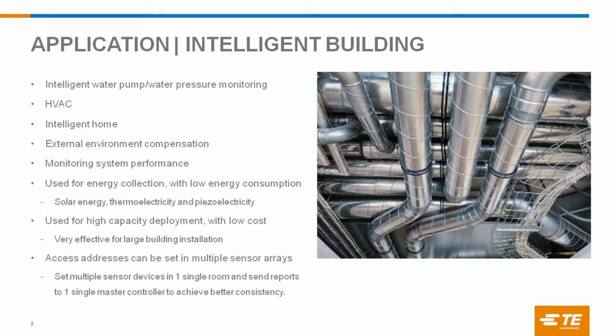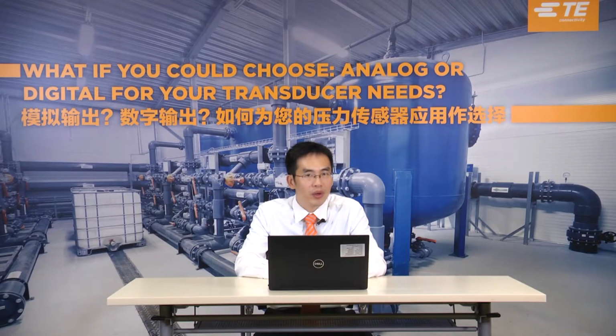In the intelligent building, we have many systems in place to monitor the temperature, humidity, and airflow inside the building. Also, we have to monitor the fire alarm system to see if the water pipe is well pressurized. For example, in the HVAC system, we have to provide a very pleasant environment for the people living in the building.